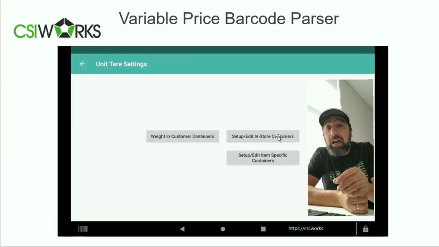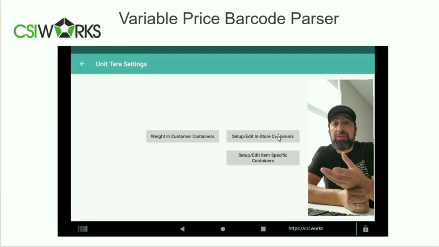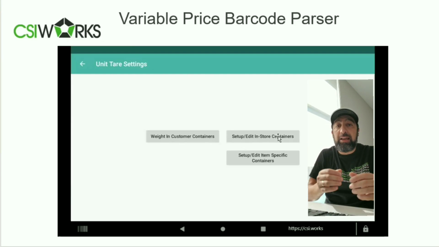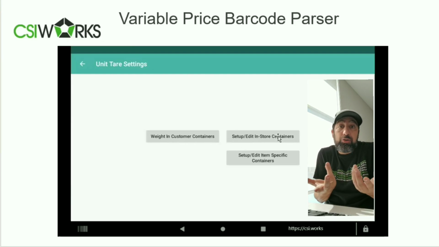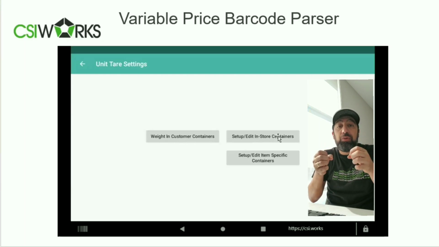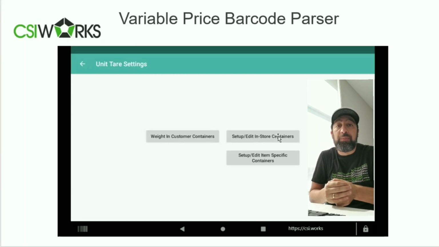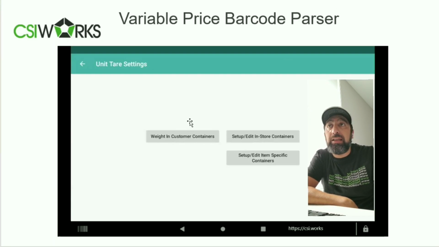And the weight of that cup needs to be removed from the weight of the ice cream in different scenarios, right? So you have a scale, and sometimes customers will come in in pairs, like 2 of them, and they'll put 2 cups with 2 ice creams. And now you need to remove the weight of 2 cups at that transaction. Unit tare is the app or the feature or the functionality that does it.